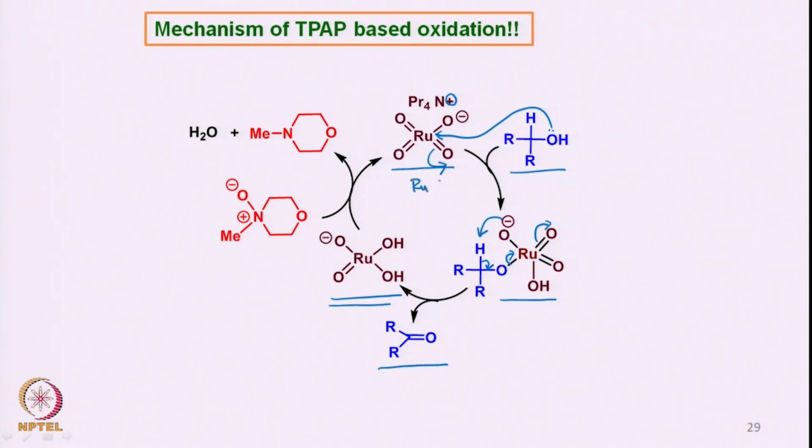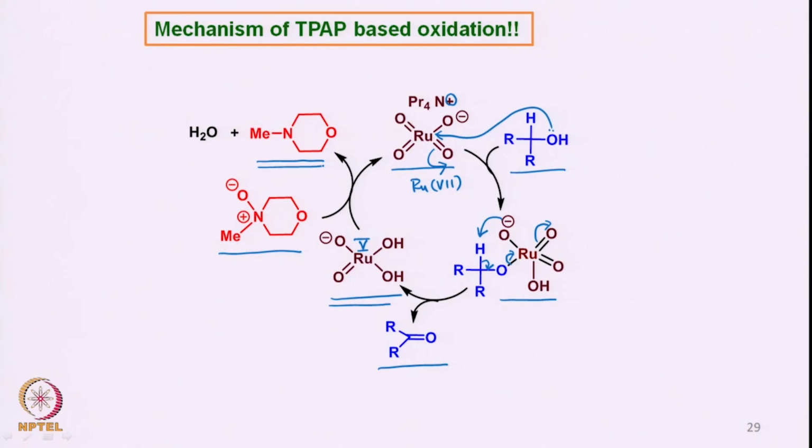The ruthenium 7 goes to ruthenium 5 here, and this is then reoxidized with N-methyl morpholine N-oxide to the TPAP, and one loses N-methyl morpholine as a byproduct. So, this is the mechanism which is proposed for the oxidation of alcohols to the corresponding ketones.